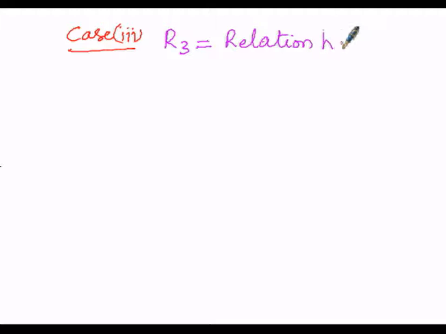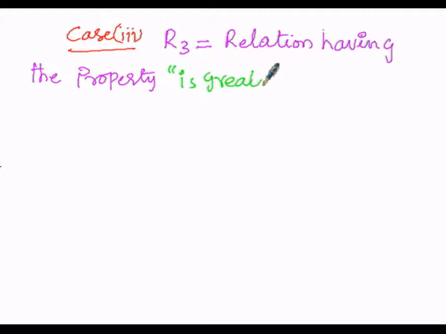In case number 3, the condition is: R3 is a relation having the property that is greater than for its elements.